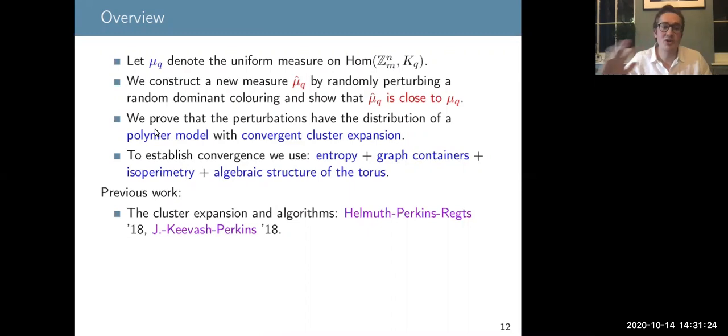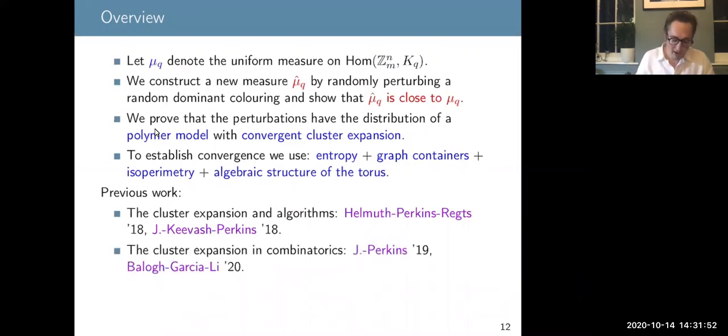There they use something more general than polymer models called contour models and tools from Pirogov-Sinai theory, which come with their own cluster expansion. The treatment that we'll be talking about today follows more closely some subsequent work of myself and Peter and Will on efficient sampling algorithms for the hardcore model on expander graphs.